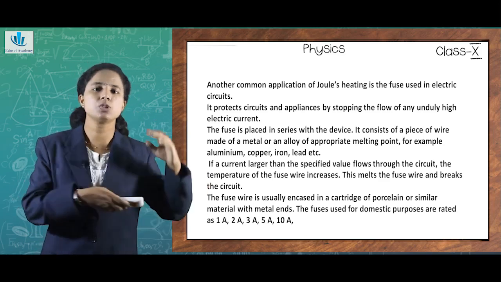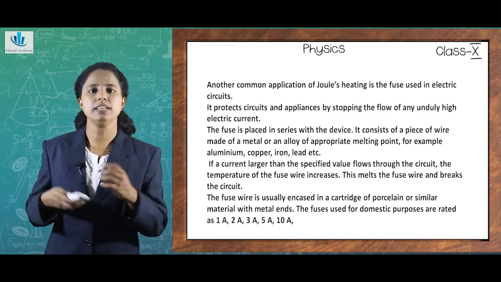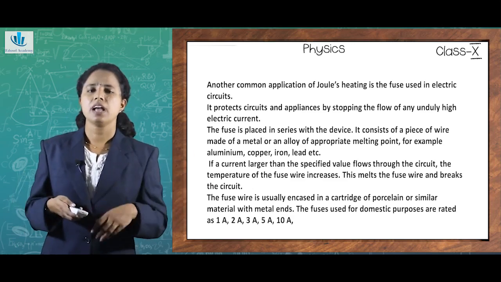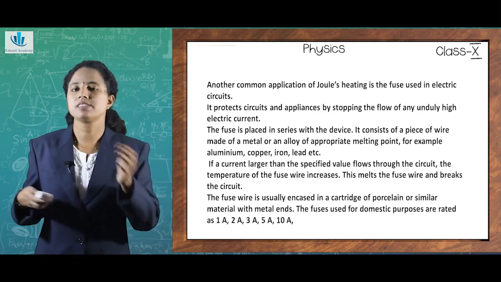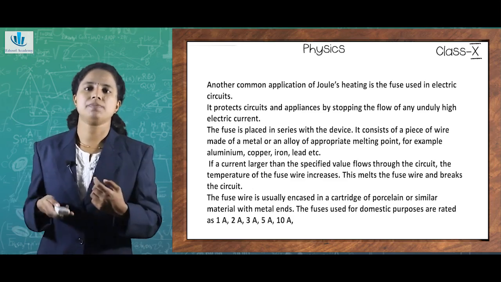The fuse wire is usually enclosed in a cartridge of porcelain or similar materials with metal ends. The fuses used for different domestic purposes are rated as 1 ampere, 2 ampere, 5 ampere, etc.